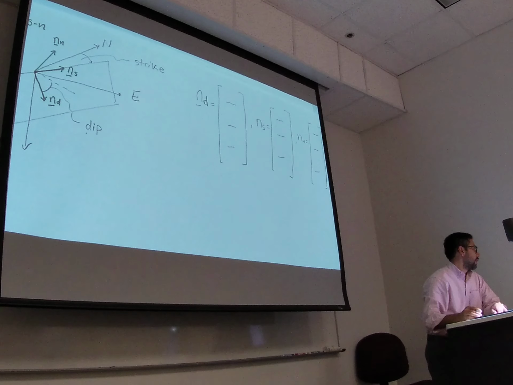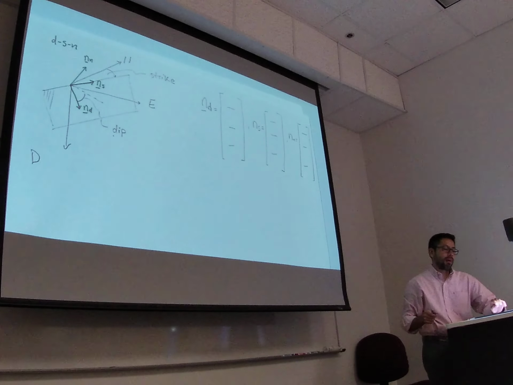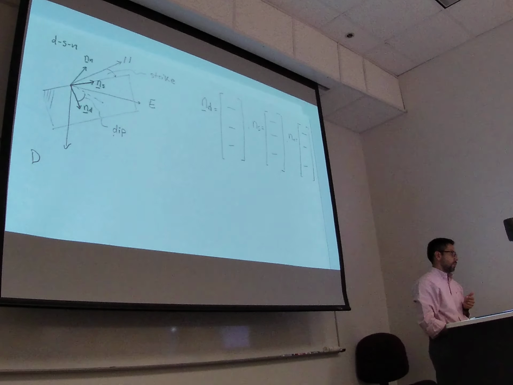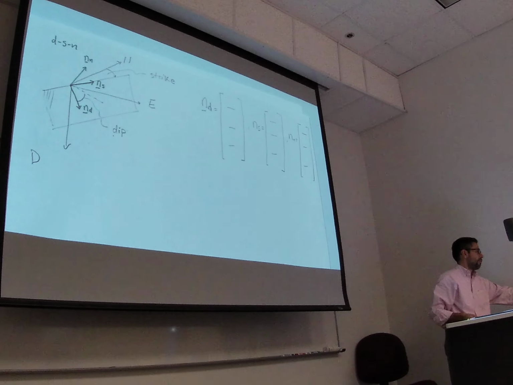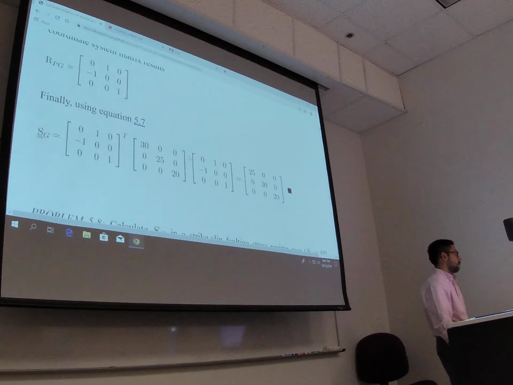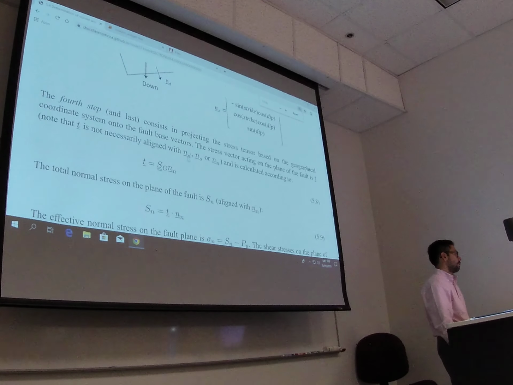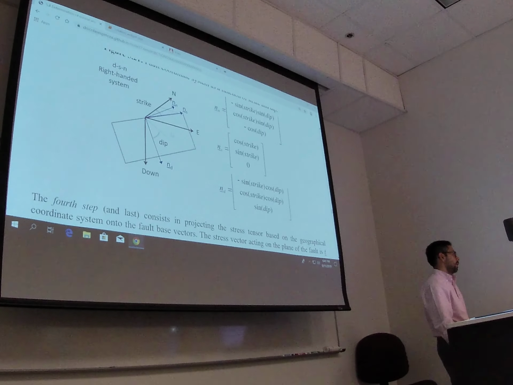I'm not going to write the equations here because it's just a bunch of sines and cosines that we don't have to repeat again. But for reference, you can find them over here. So there you go. And these are the numerical values of ND, NS, and NN, for strike and dip.